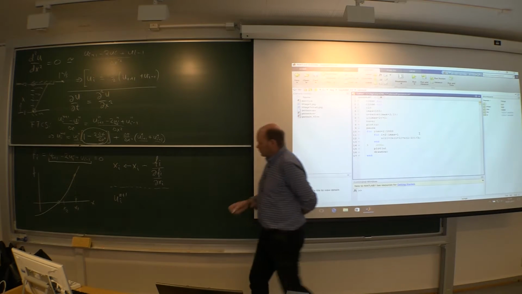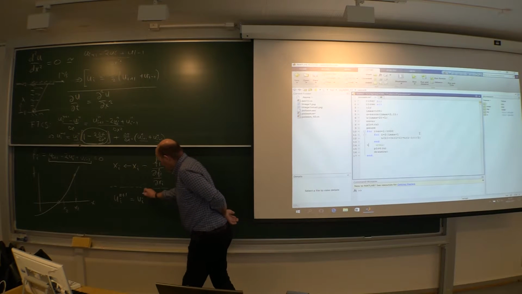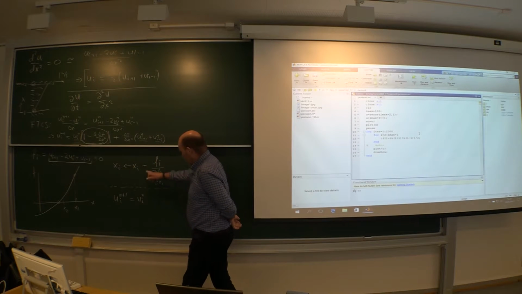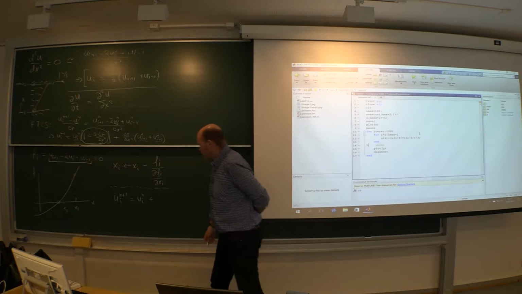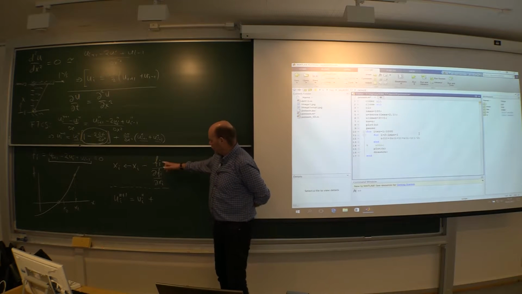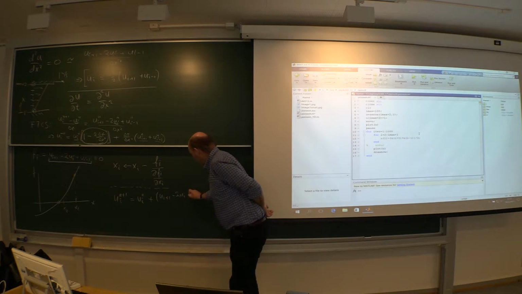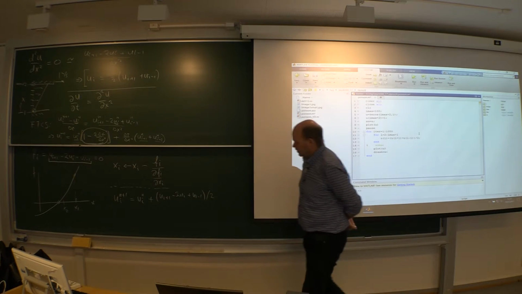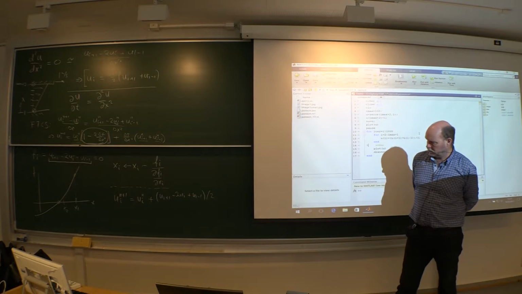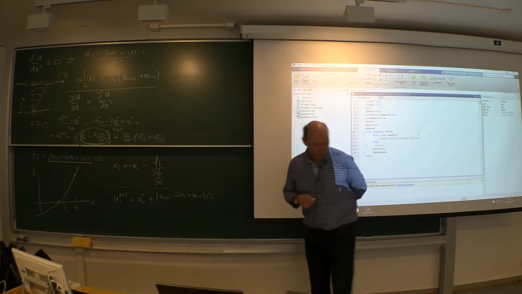So the new value equals the old one from iteration number n. Then we had minus will become plus, and then we have the entire function, that is u_{i+1} minus 2u_i plus u_{i-1}, divided by 2. That is our recipe. And if you continue, well, leave it for now.